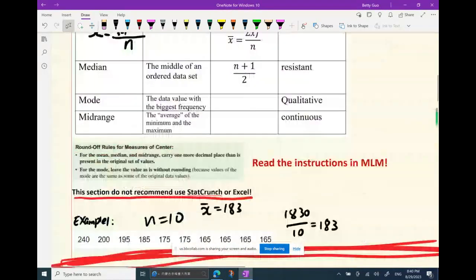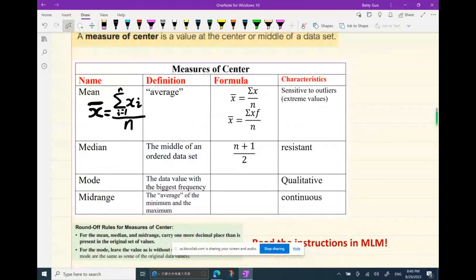Why do we need to use mode? Aren't mean and median already enough for us to find the center? Well, what if your data are qualitative or categorical?